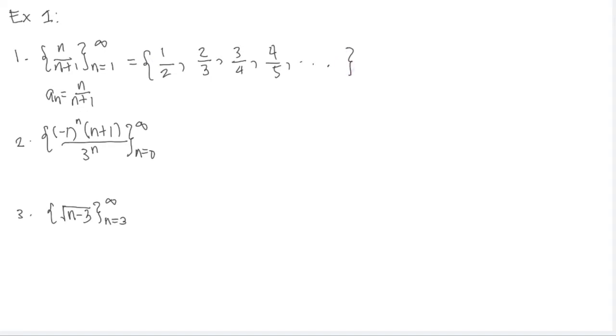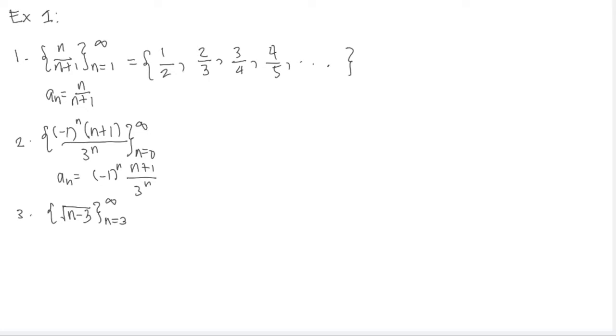For the second sequence, the formula is given by a sub n equals negative 1 to the n, times n plus 1, over 3 to the n. n starts from 0 up to infinity. So we just evaluate the formula starting with 0.